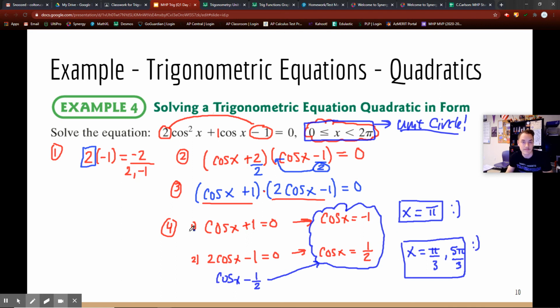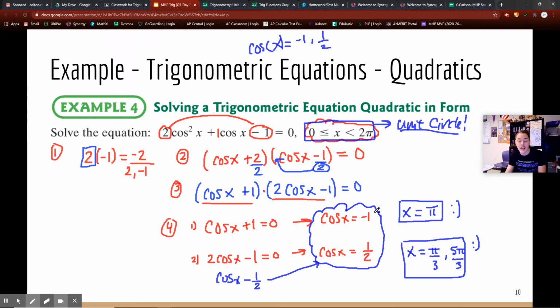Done. Okay? How are we feeling? We feeling good? Now remember, I could solve this just like a quadratic. If I solve this just like a quadratic, I would still get x equals, okay, negative 1 and then 1/2. But the problem with that is really what you're saying is cosine of x equals negative 1 and 1/2. And you're not technically done yet.